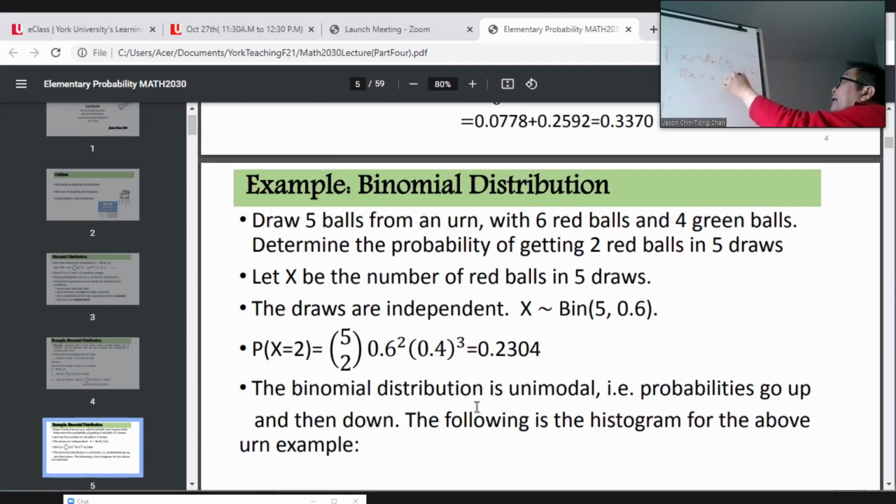So it's 5, 2, and then 0.6 to the 2, and then 0.4 to the what? Is that 3? Yeah, okay. So then you get the answer.